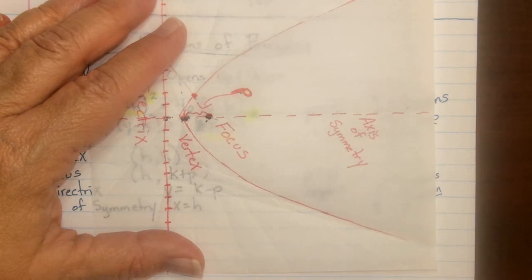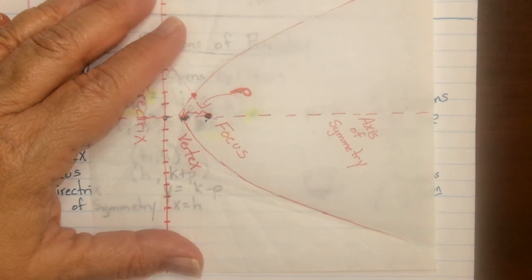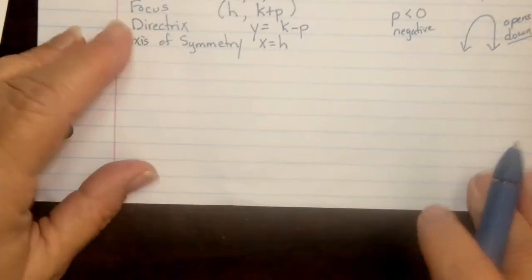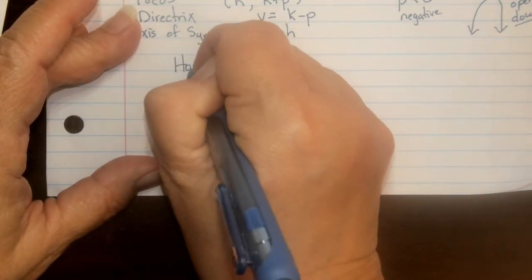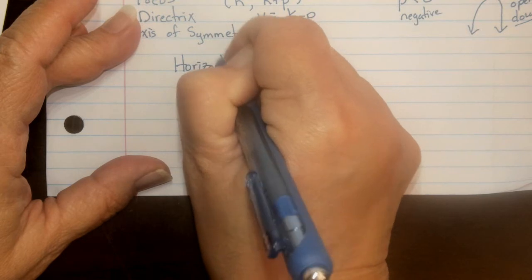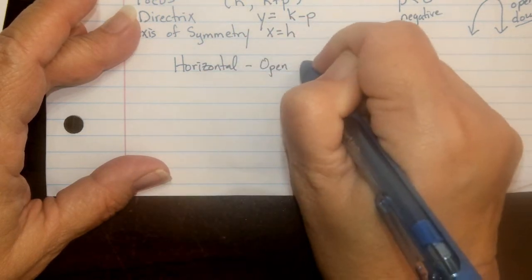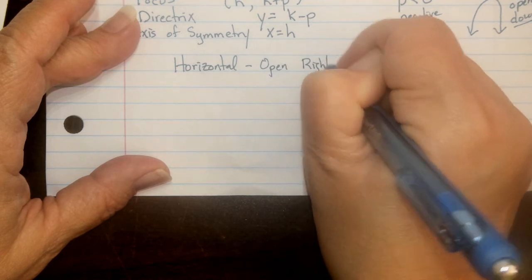But when we look at it from a geometry standpoint, these are just as good as the other ones. So we're going to look at the sideways ones too. We're going to call these our horizontal parabolas. They're going to open right or left.